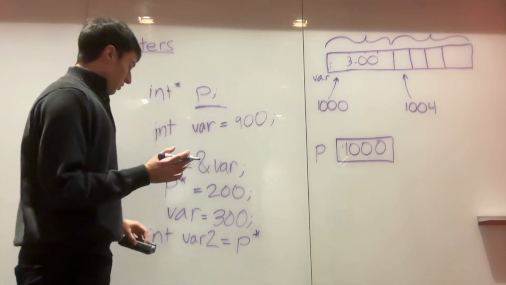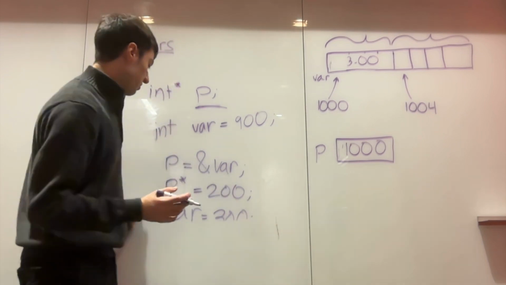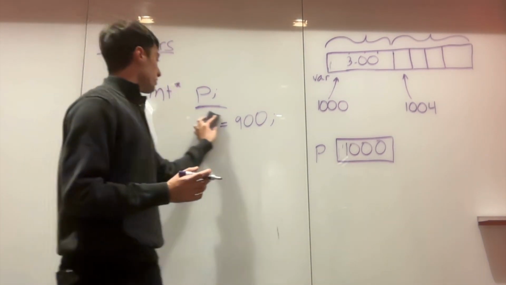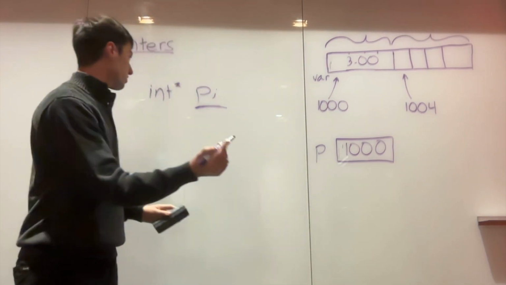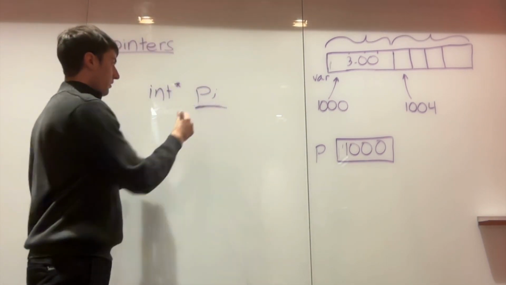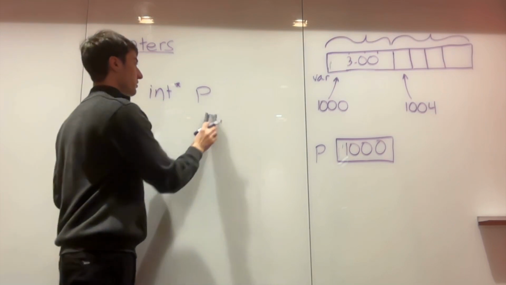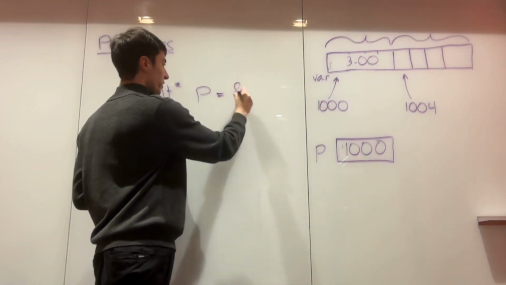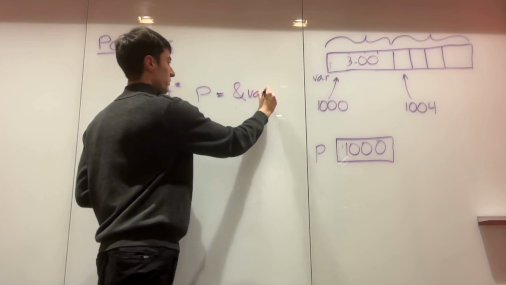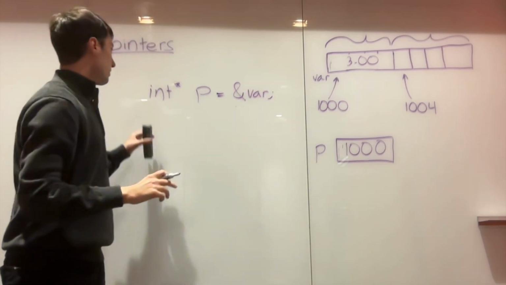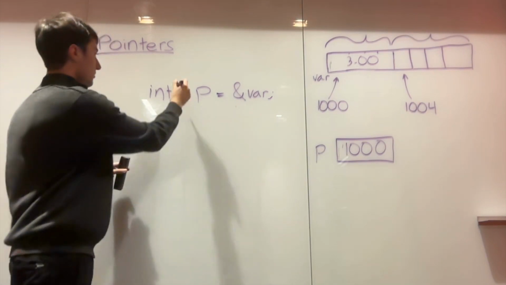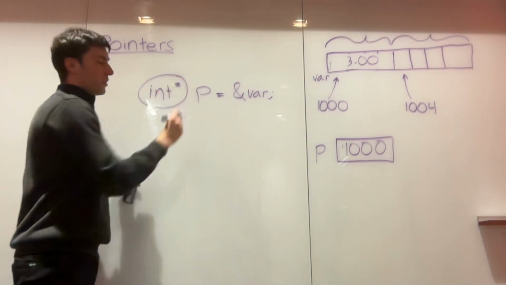So another thing that you can kind of do with pointers is you can actually do math on them. So let me just get this declaration, equals address of var, okay? So here's a common declaration that you'll see. Int star, this is 1 unit.